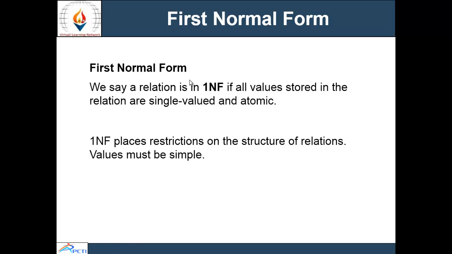As per first normal form, no two rows of the data must contain repeating groups of information. Or you can say a relation is in first normal form if all the values stored in the relation are single valued and atomic.